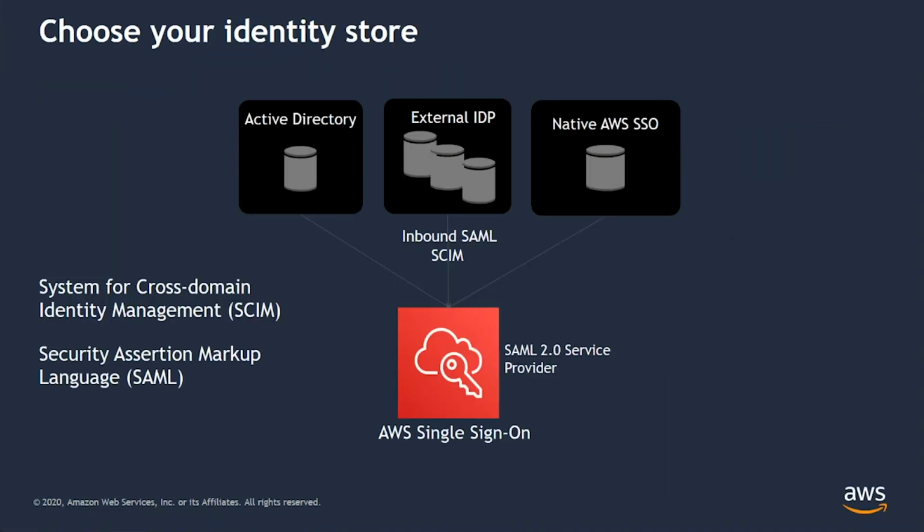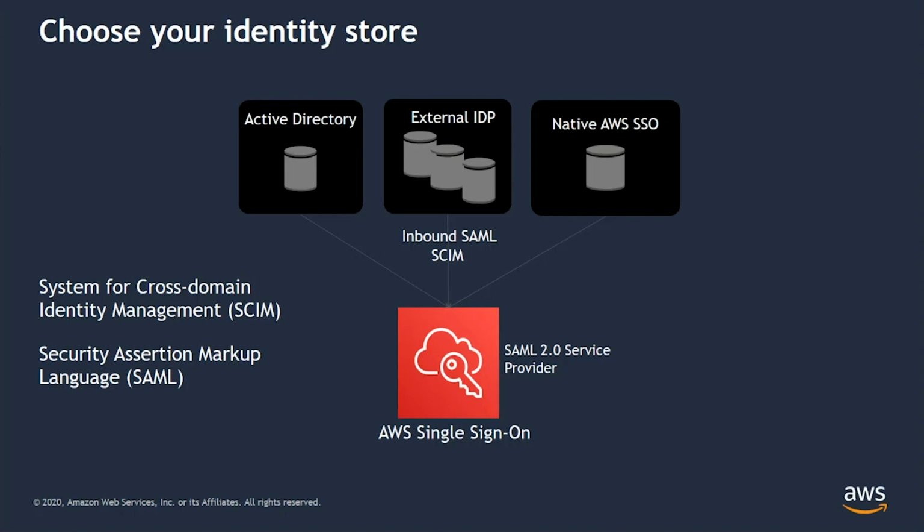As you can see from this slide, we have many different options to suit your identity needs, whether it's integrating with traditional Microsoft Active Directory or an external identity provider such as Okta Universal Directory or Azure Active Directory, or even managing your users and groups in native AWS SSO. We have the facility to meet your requirements.